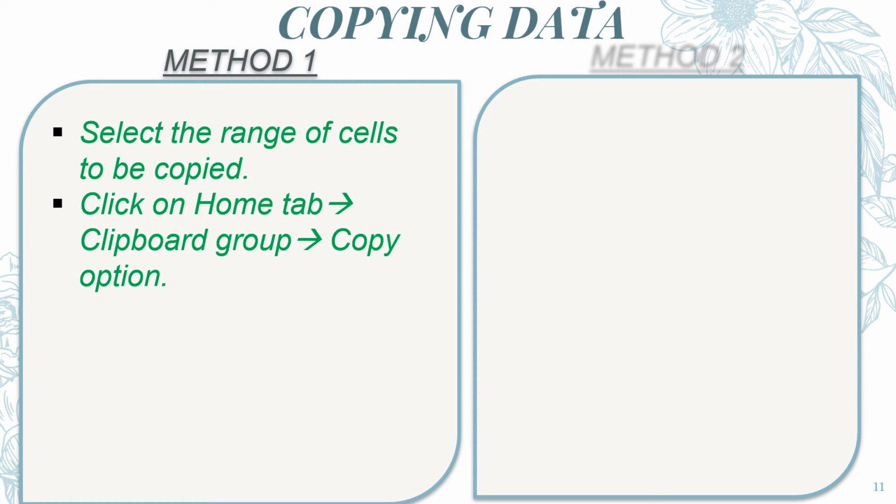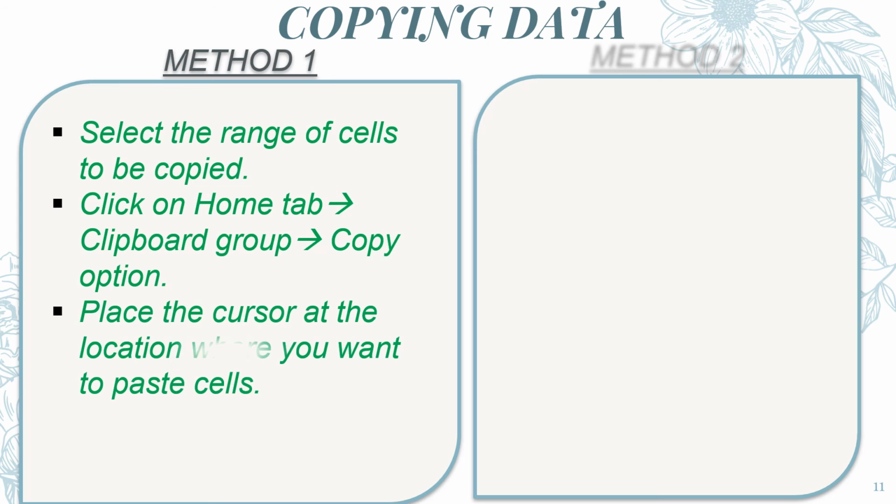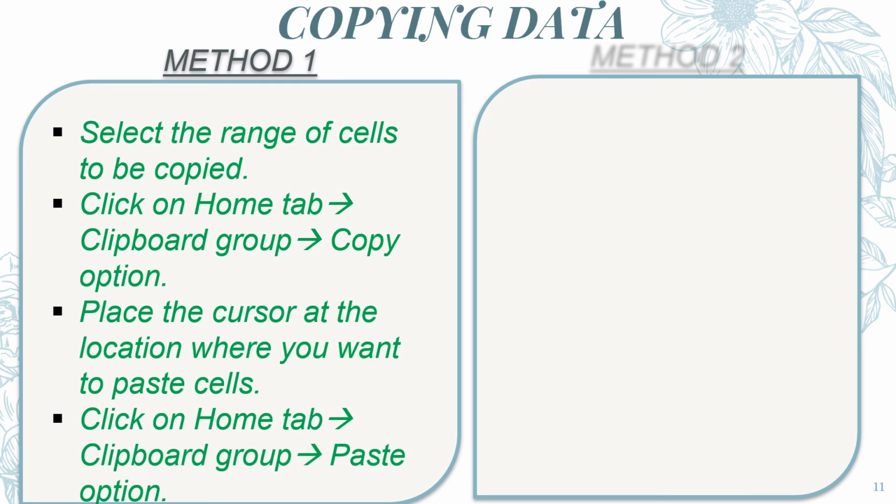Then click on Home tab, Clipboard group, Copy option. After that, place the cursor at the location where you want to paste the copied cells. Then click on the Home tab once again, click on Clipboard group and select the Paste option. The copied cells will get pasted over there.